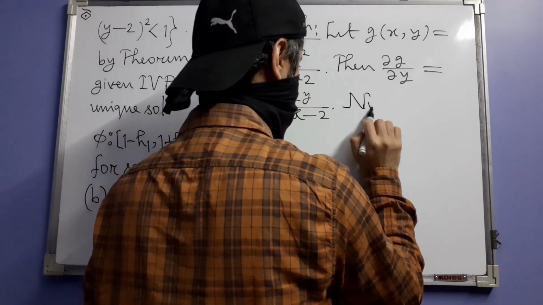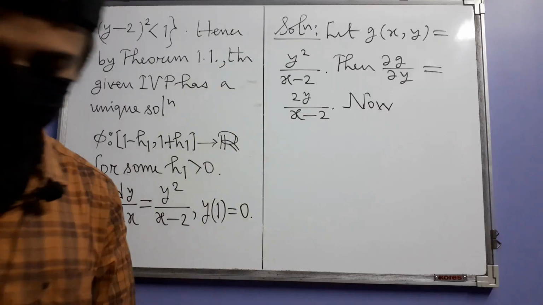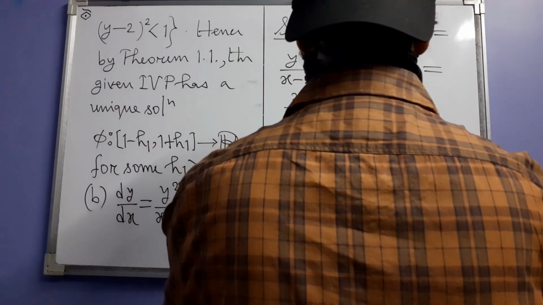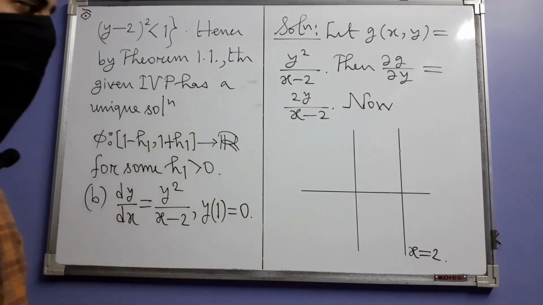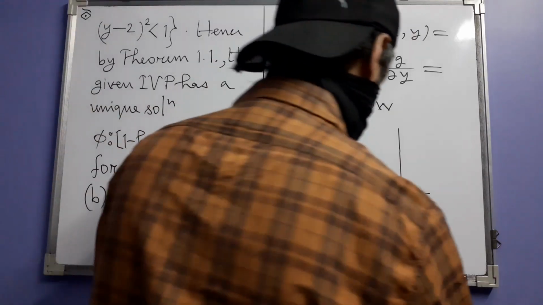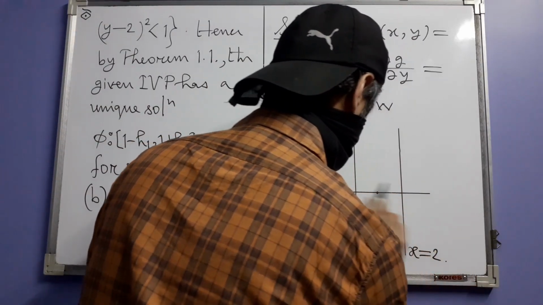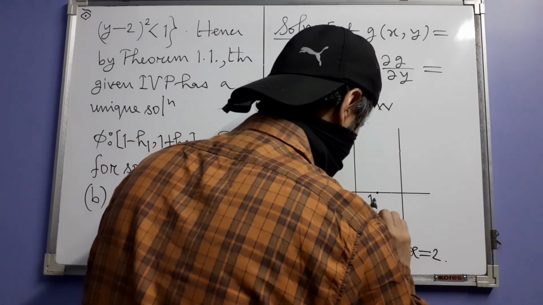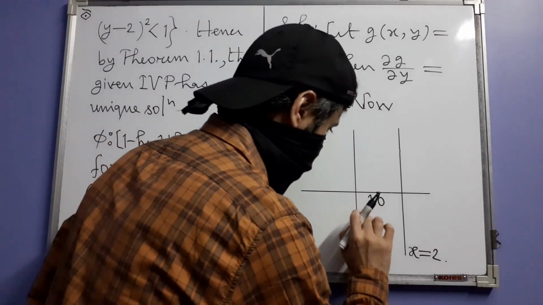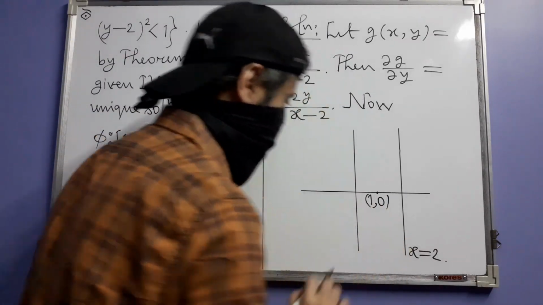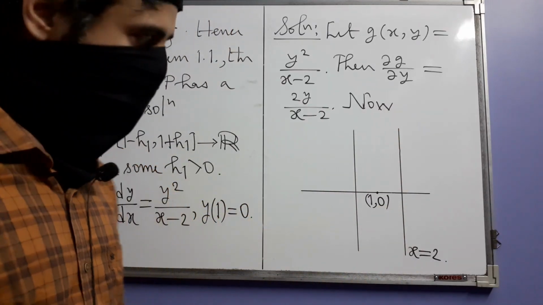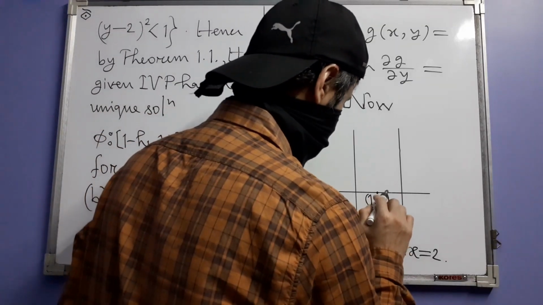Now, a little figure will help us figure out where we are and what we have to avoid. The vertical line is what we have to avoid. Our point, however, 1 comma 0 lies here, halfway between these two lines. We want to choose a domain which contains this point but does not contain any portion of this line, because it's convenient to choose a circular domain.